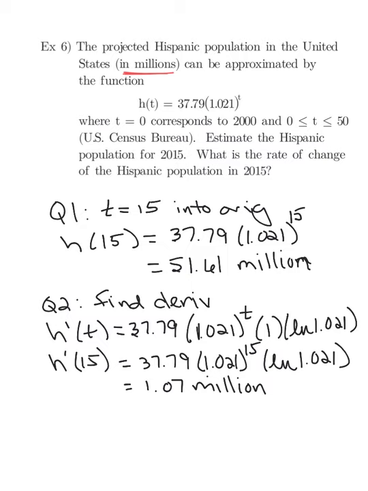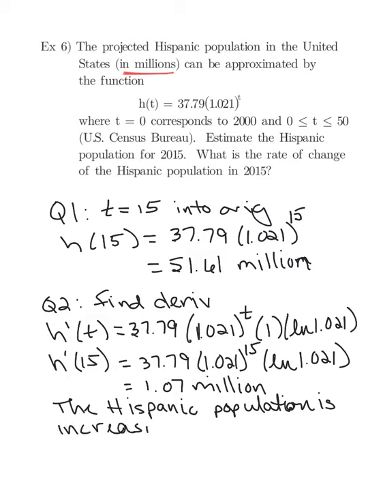So what this means then is that the Hispanic population is, that number was positive, so it's increasing 1.07 million from 2015 to the next year, 2016.